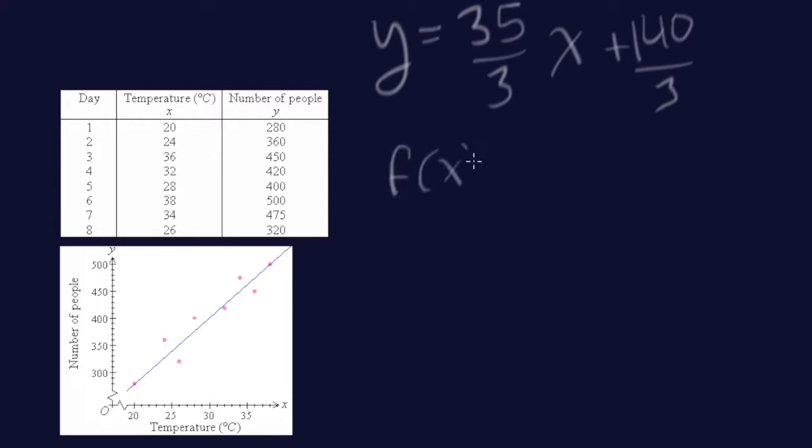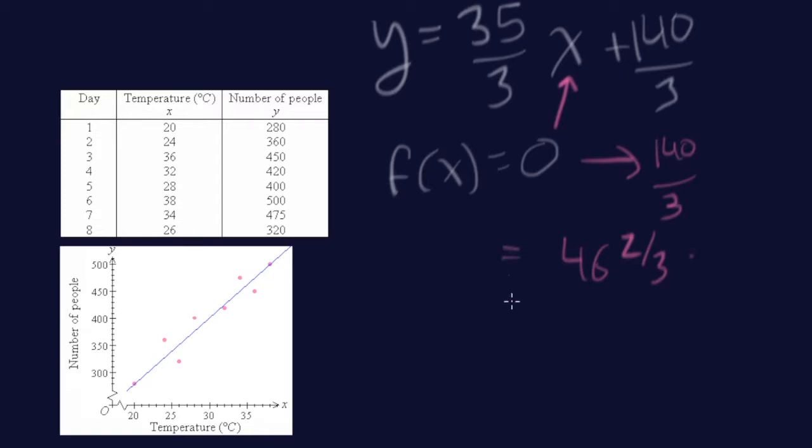I want to know how many Canadians are still stuck around when it's really cold outside. If I put 0 in right here, what's 35 over 3 times 0? It's 0. So you're left with 140 over 3, which is about 46 2/3.